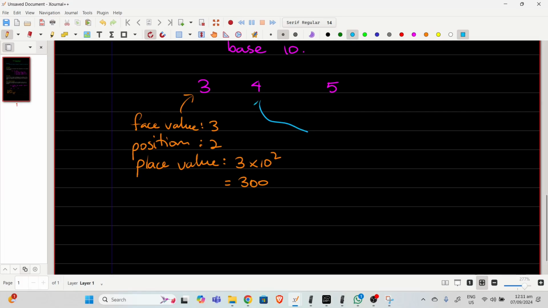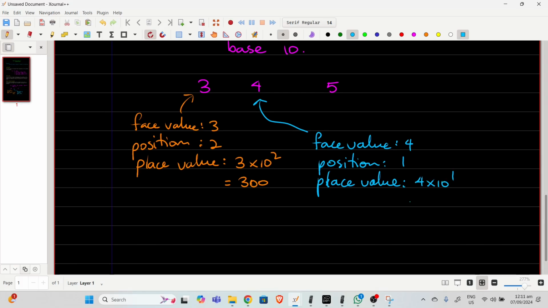Again, let's do this one. So 4 has a face value of 4, a position of 1, and a place value of 4 times 10 to the power of 1, which is 40.